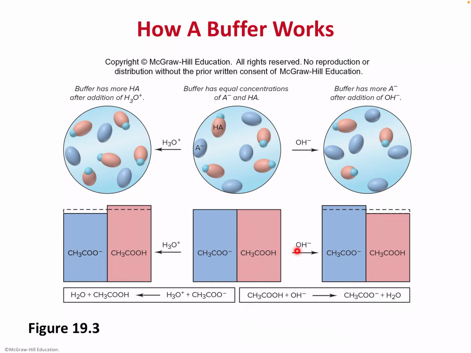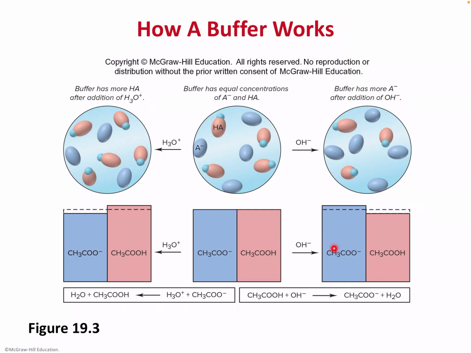Similarly, if you add hydroxide ion, it's the base, it's going to react with the acetic acid. So you're going to be making another acetate ion. Hydroxide is going to react with acetic acid, forming acetate ion.